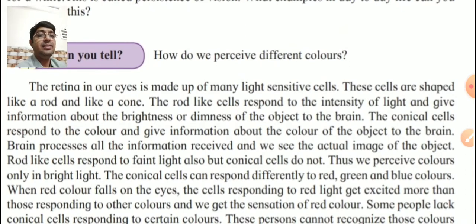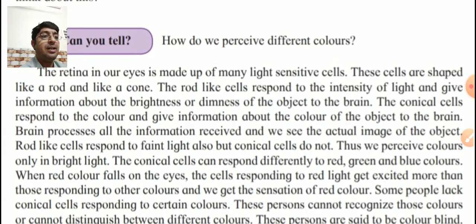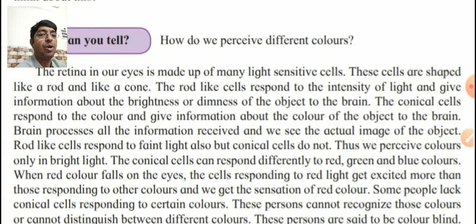The retina in our eyes is made up of many light sensitive cells. These cells are shaped like a rod and like a cone. The rod-like cells respond to the intensity of light and give information about the brightness or dimness of the object to the brain. The conical cells respond to the color and give information about the color of the object to the brain.